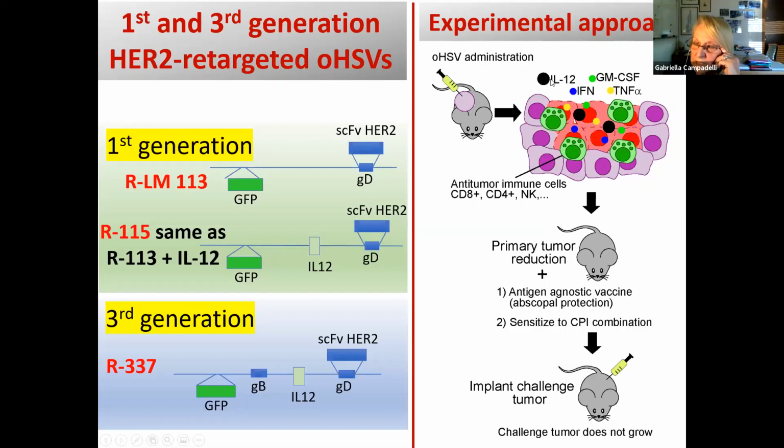If the virus carries IL-12 in the tumor bed, we will have a secretion of the factors, IL-12, interferon, GM-CSF, TNF, activation of the anti-tumor immune cells, CD8 positive, CD4 positive, NK cells, and all this will cause a reduction in the primary tumor.